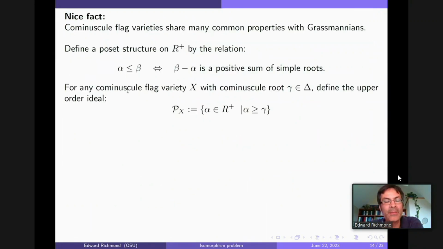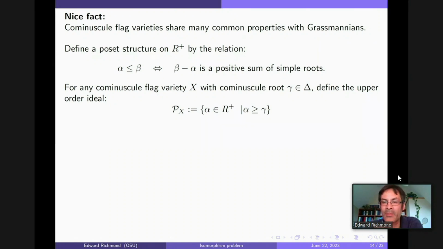And so one nice thing about co-minuscule flag varieties, and I know that several people in the audience have worked with co-minuscule flag varieties, and the general spirit about why people like these so much is that co-minuscule flag varieties are basically just like Grassmannians. They share a lot of similar properties with Grassmannians. For me, one of the biggest things is that, if you work with Schubert varieties in the Grassmannian, we like to index them by partitions compared to Weyl group elements.